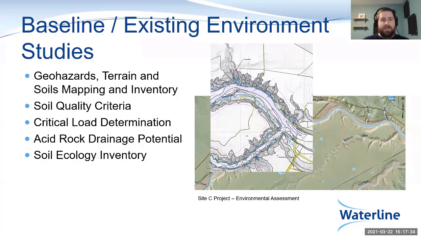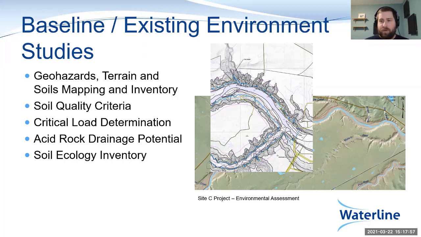Soil quality criteria. There's soil quality criteria for contamination, which is different from soil quality criteria for reclamation. Generally speaking, the soil quality criteria for reclamation is more well developed on an ecozone level.